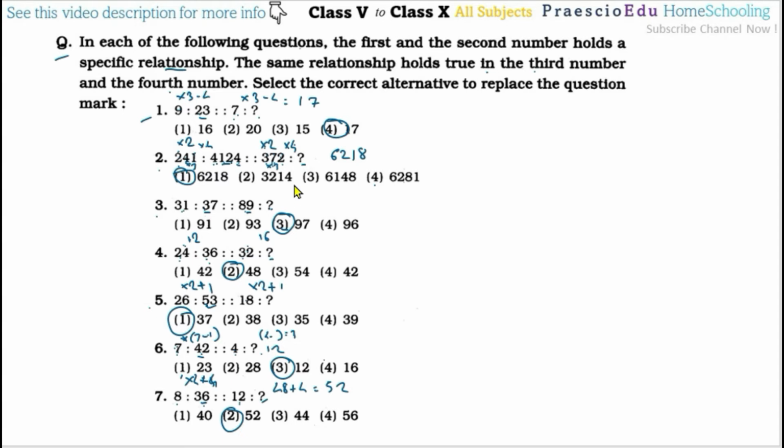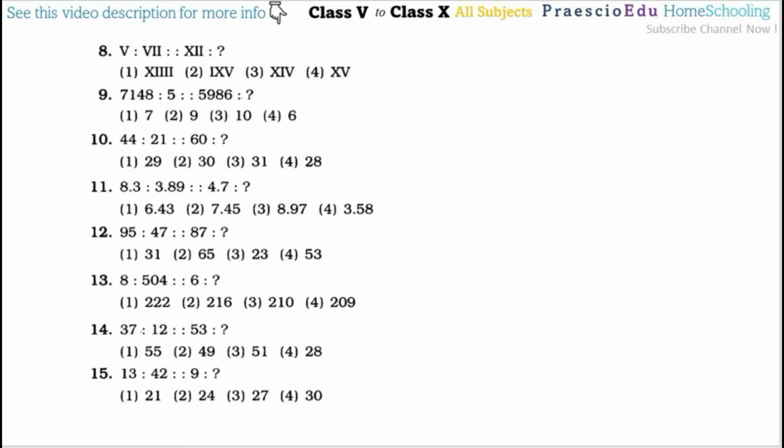Sometimes that is also the formation, but there is no specific formula to find this. There is some trial and error to find the relations exactly, but whatever number you find to replace the question mark has to be available in our options. That is very important.